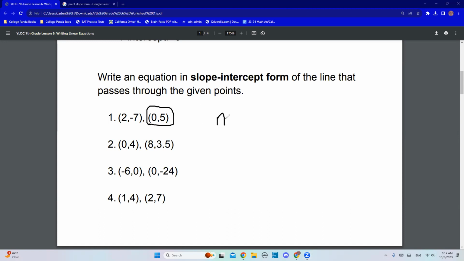In order to find m, or slope, it's rise over run. But you could also phrase it as y2 minus y1 over x2 minus x1, or y1 minus y2 over x1 minus x2.